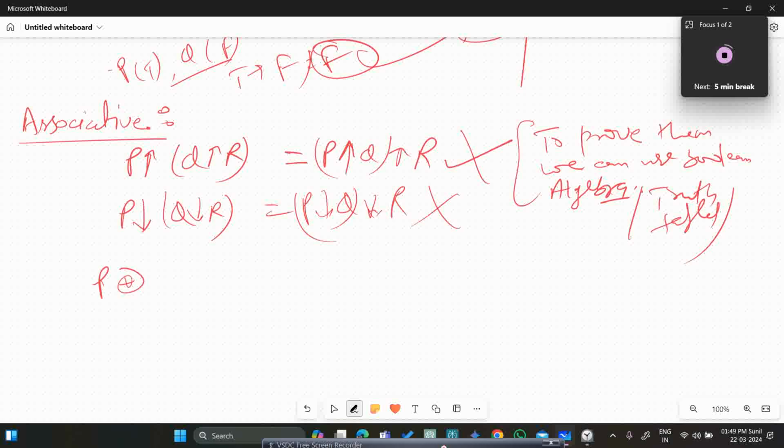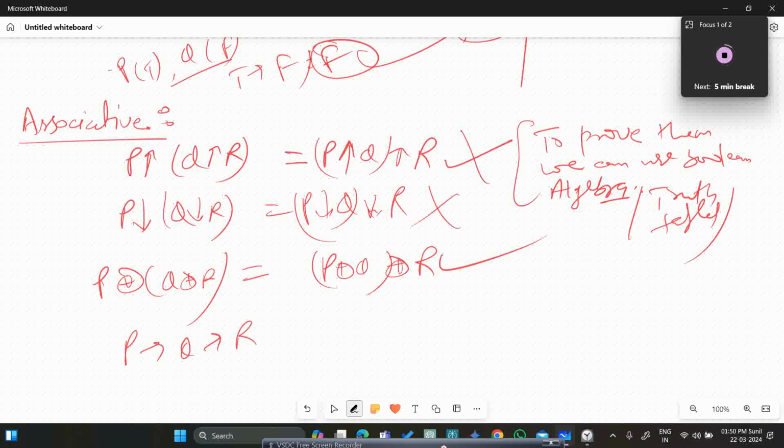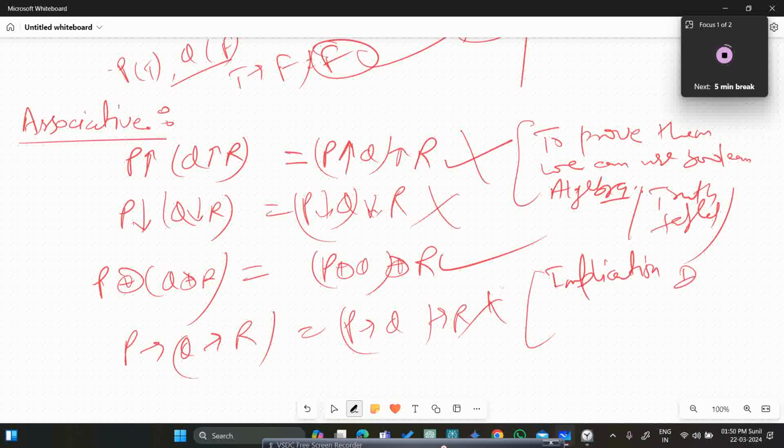P XOR Q XOR R is equivalent to P XOR Q XOR R. This is true. But P implies Q implies R is not the same as P implies Q implies R. This is not true. So implication does not hold the associative law.